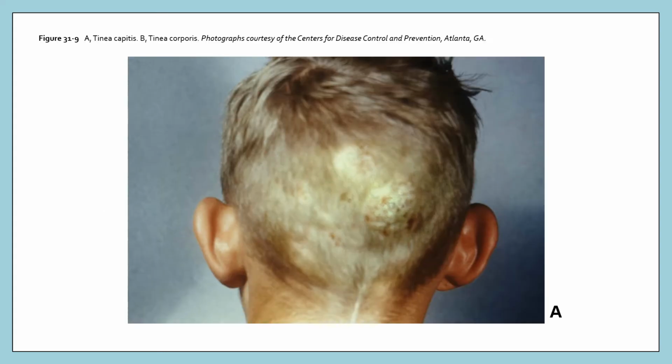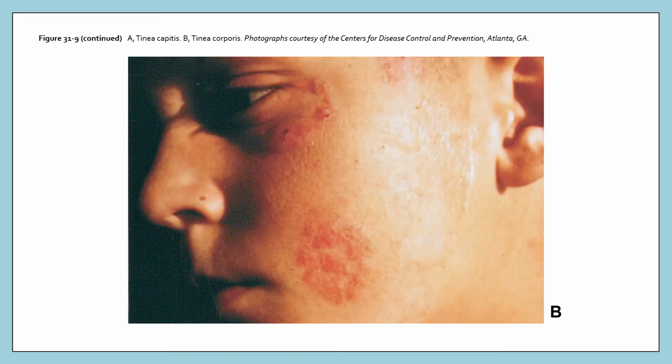This right here is tinea capitis. And this one right here is tinea corporis.